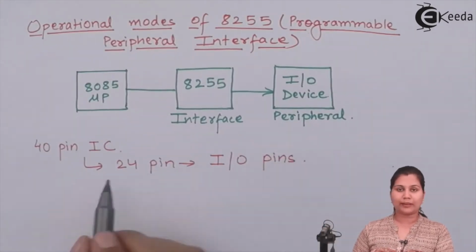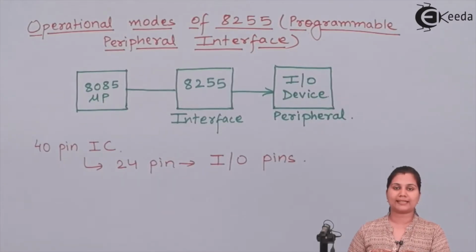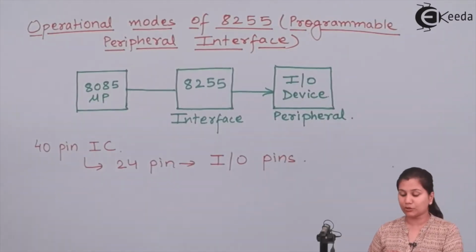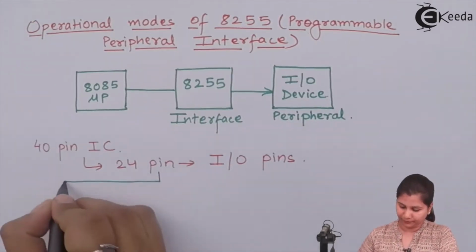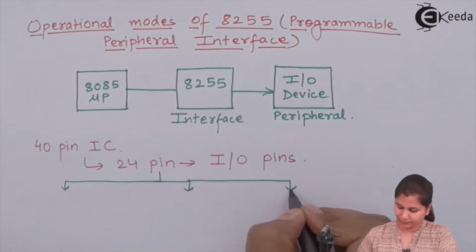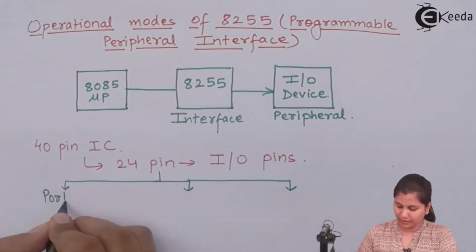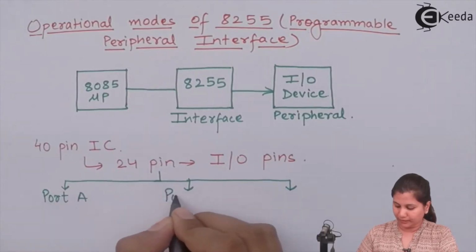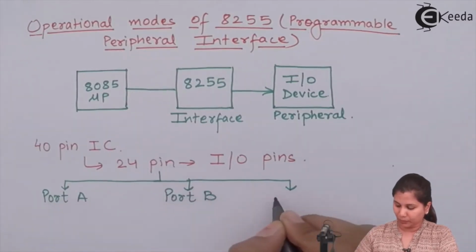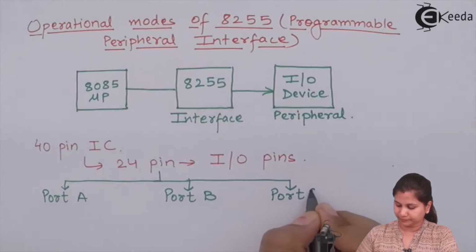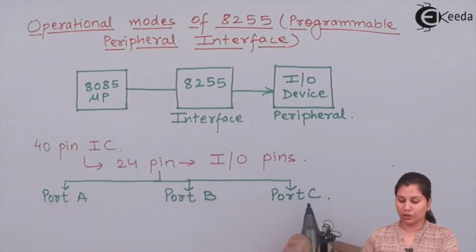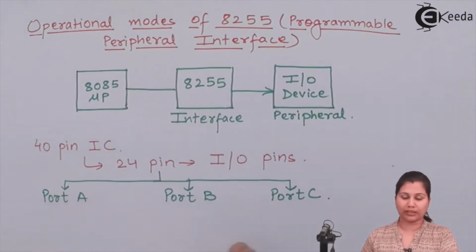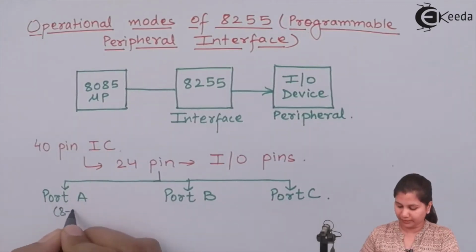These 24 pins are divided into 3 ports: port A, port B, and port C. So 24 pins are divided into 3 ports, and each port is going to have 8 pins.